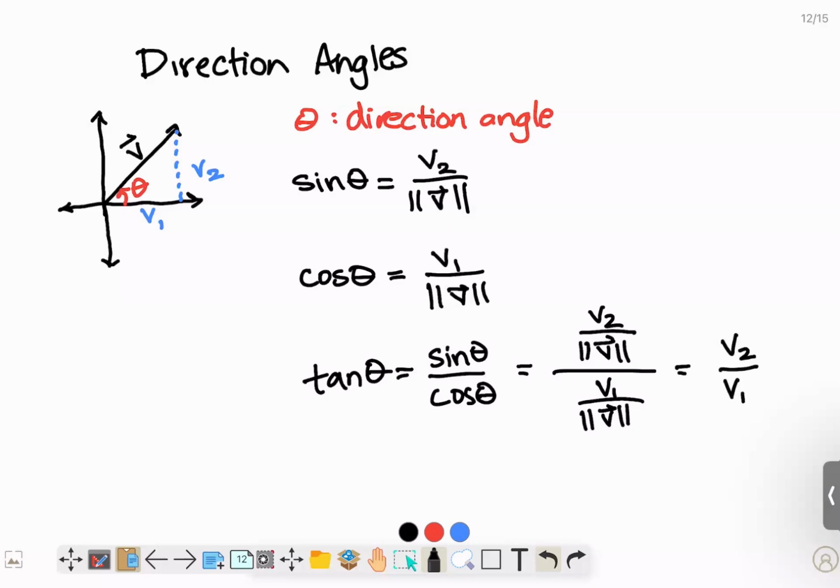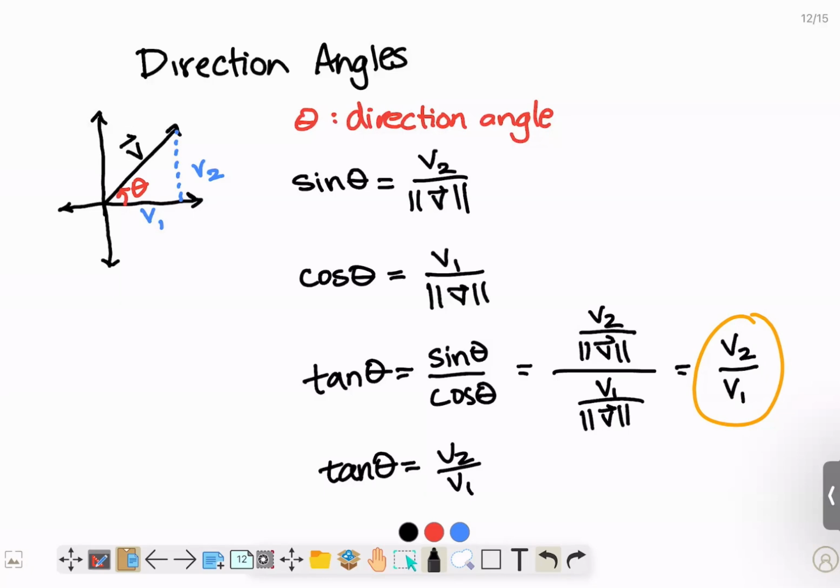So tangent of this angle theta is v2 over v1. We can use that to find theta. If tangent of theta is v2 over v1, and I want to know what theta is, we can use the inverse of tangent to undo our tangent function, and that will give us theta.